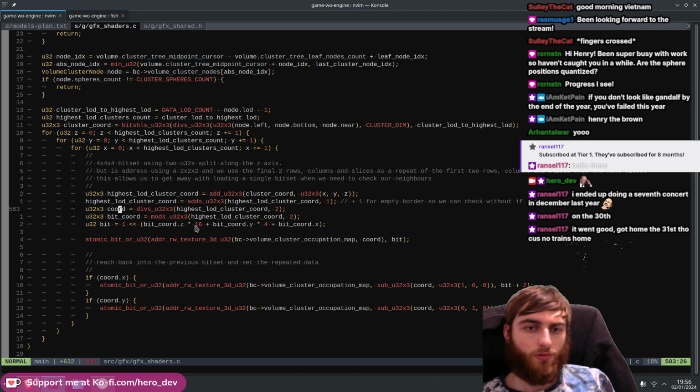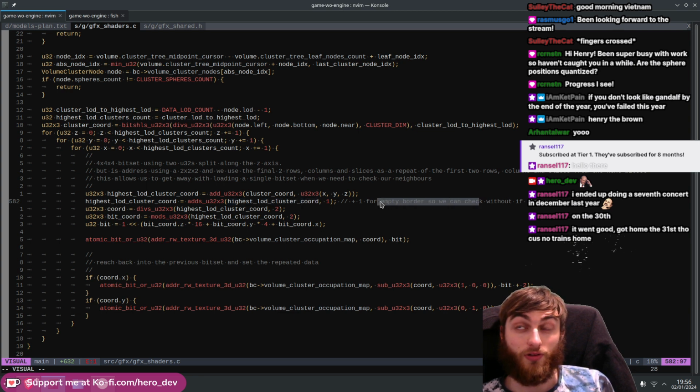So coordinate 0 will get added by 1 along the Z. So you never land on coordinate 0 because there's an empty border on the outside. Then you'll divide by 2, mod 2, right? Yeah, it should be, that'll be right.